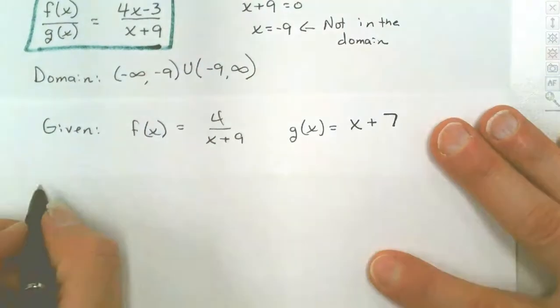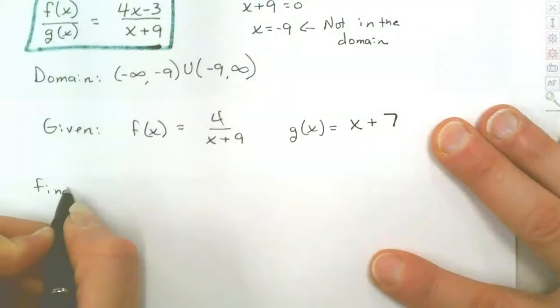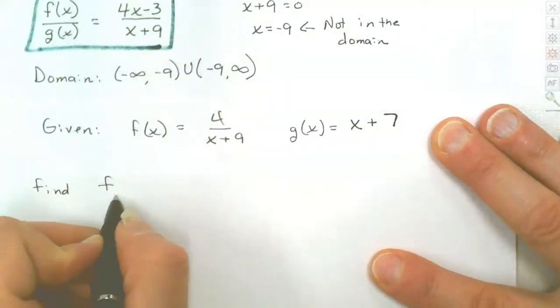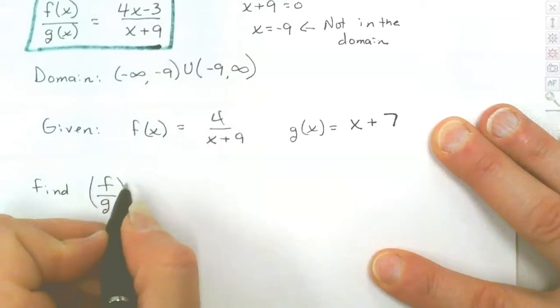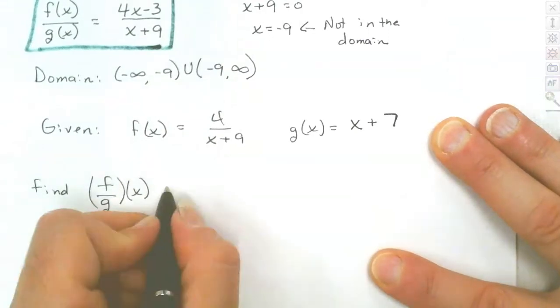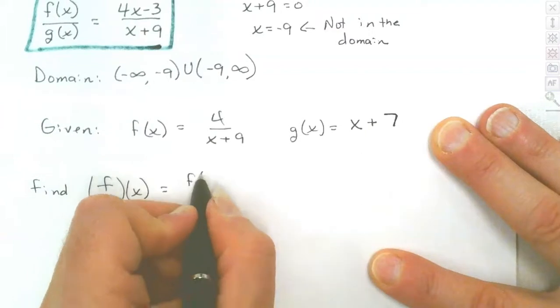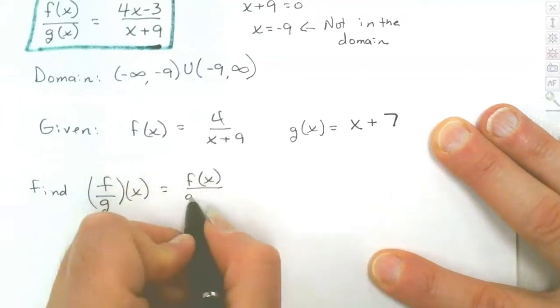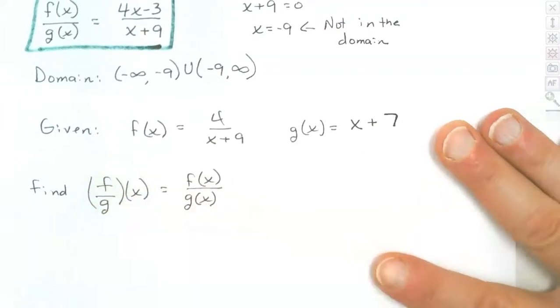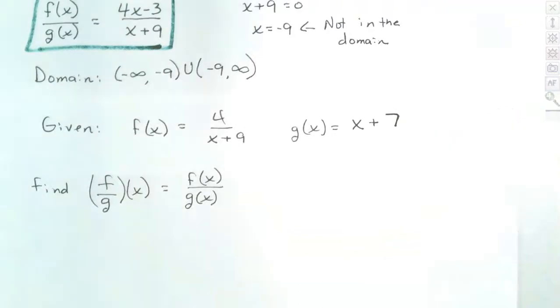And I want you to find f over g of x and also the domain. So that's f of x over g of x. And we have to be very careful when we get this domain. We're going to have to work with it, and we're going to actually get two numbers that don't work. When we plug it together, we'll see what numbers won't work. But there's actually going to be two of them.